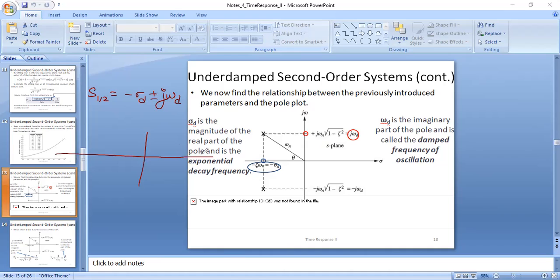So when you plot it, you have this here and here. This is your j omega d, this is minus j omega d, and this is minus sigma d. What is the value of sigma d? Sigma d is nothing but zeta omega n, and omega d is omega n under root 1 minus zeta square.